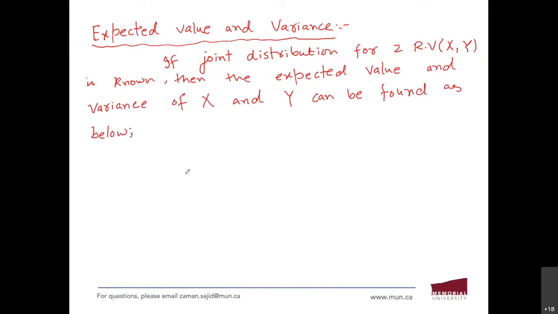Now first I'm going to write down the relationship for discrete random variable.